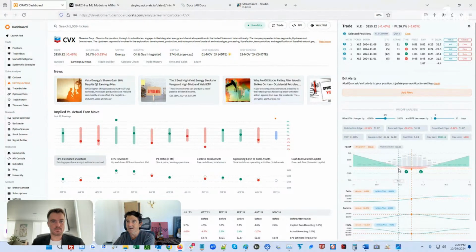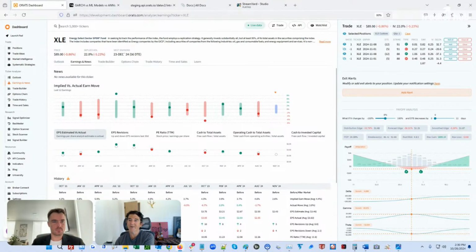We're showing Chevron's price up there. So XLE could go down to 87 or up to 92. So that's if we were just to buy that strangle right now.